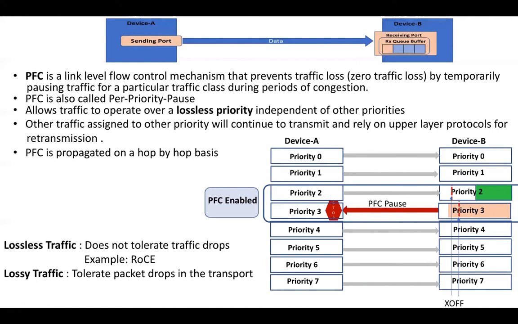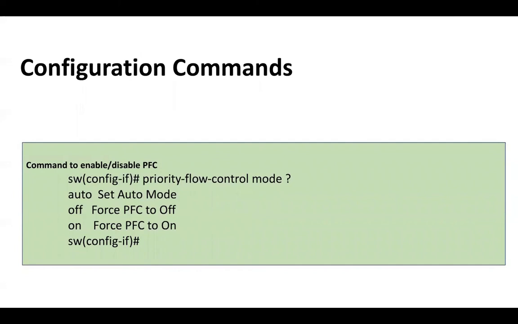Okay. Now let's have a look at the configuration part. In this session, we are going to discuss PFC configuration for Nexus 5K. I am assuming that you have a good understanding of QoS. Configuration may vary depending on platform.